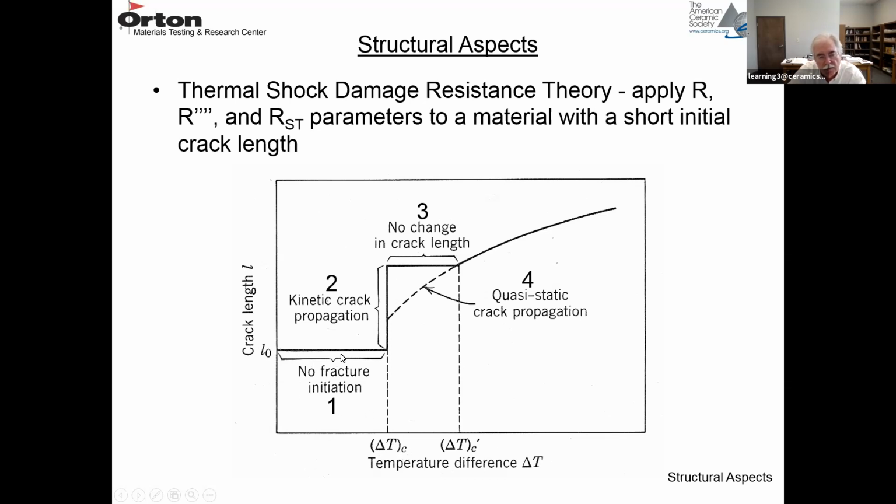So increase the temperature, all of a sudden you have kinetic crack propagation, and the crack grows to a new length and arrests. That's region 2. Now you have to increase the delta T again to a new critical difference, delta T critical prime.